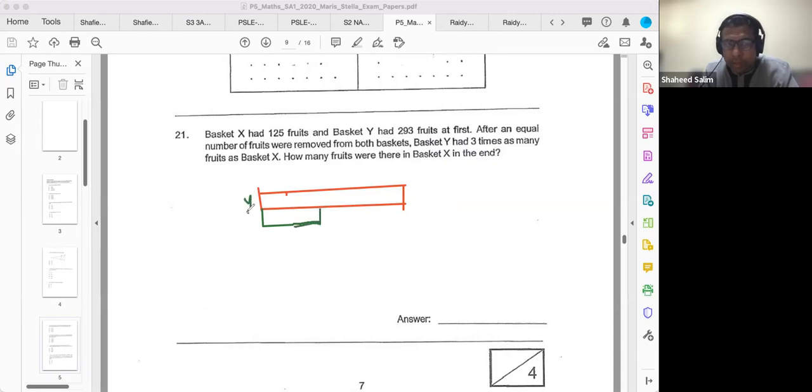This is Y, this is X. Then each of them, an equal number is taken out from the baskets. Let's say this is the equal number lah. This shaded part taken out from Y, shaded part taken out from X. And in the end, basket Y has 3 times as many fruits as basket X. But do you notice the difference doesn't change here? Can you find out the difference? Then you can find out 1 unit. Then you can find out how many fruits are there in the basket. You know how to do? Okay, you try.